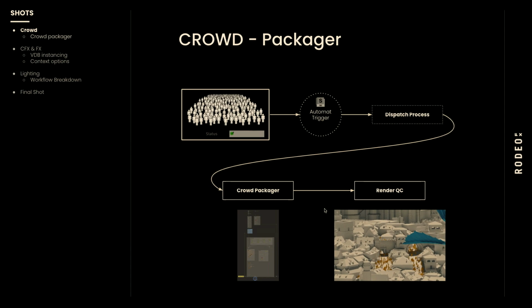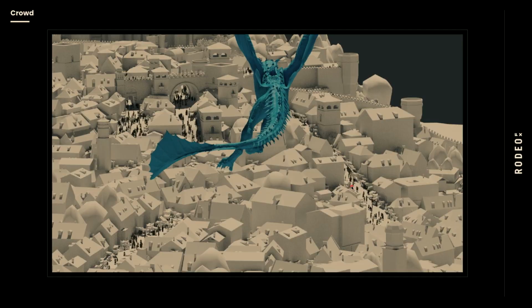This is done essentially with the same free softwares that we use. So in Shotgun, when we approve a crowd daily, there's an automation trigger that gathers everything from the pipeline, does the crowd packaging, and then renders a crowd QC.